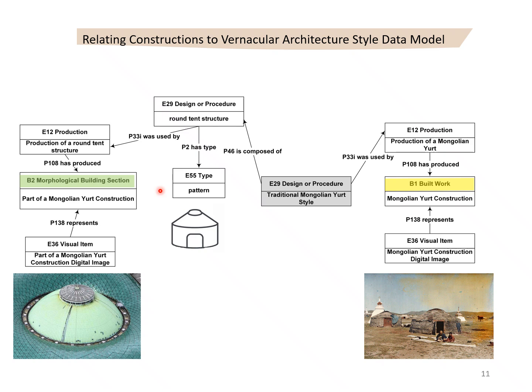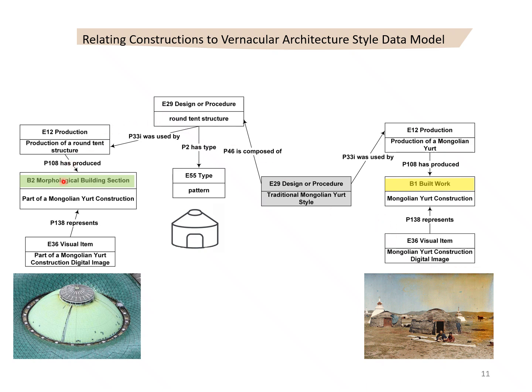of specific vernacular practices. In our example, the Mongolian yurt is modeled as an instance of the E29 Design or Procedure class and is associated with a specific constructed example represented by B1 Build Work. This association is further contextualized through a digital representation that depicts the yurt.